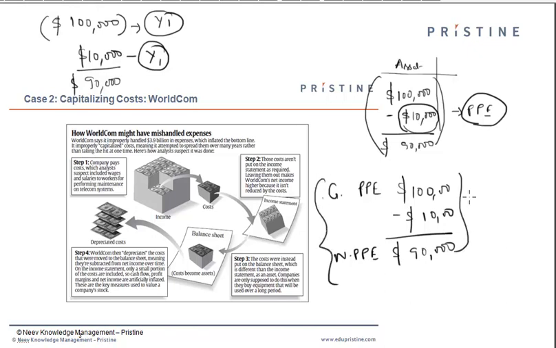But this kind of accounting treatment is only valid for assets that have a long life, not SG&A costs or the salaries to the workforce, which should be expensed as incurred.